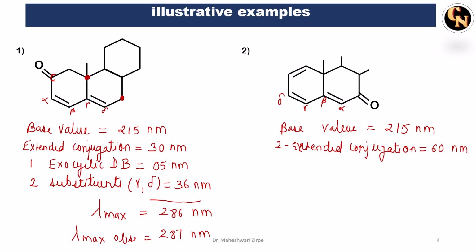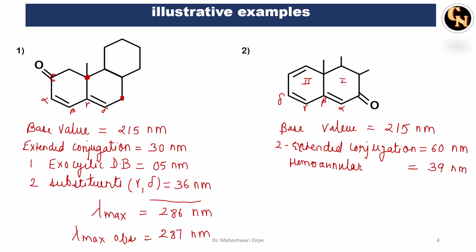Then next you have a homoannular system. If you see this, suppose this is your first ring and this is your second ring. The second ring is homoannular. So for homoannular we add 39 nanometers.